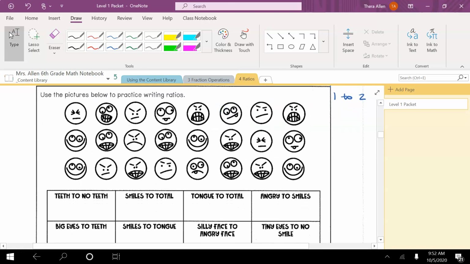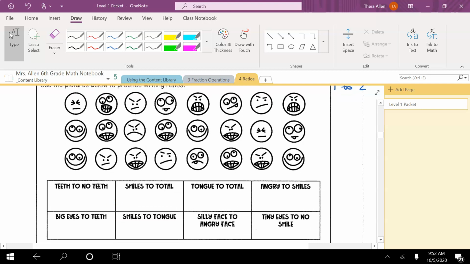Now here we have some pictures that we're going to use to help us practice writing ratios. So our first thing that we need to write is teeth to no teeth. So I'm going to go through and find all the ones that show their teeth. We have 1, 2, 3, 4, 5, 6, 7, 8, 9.